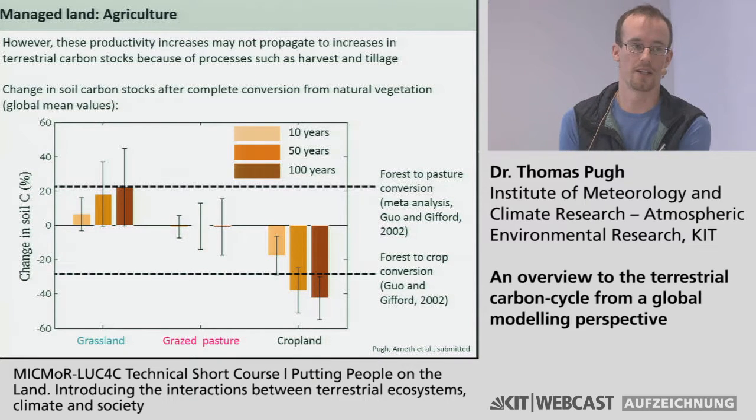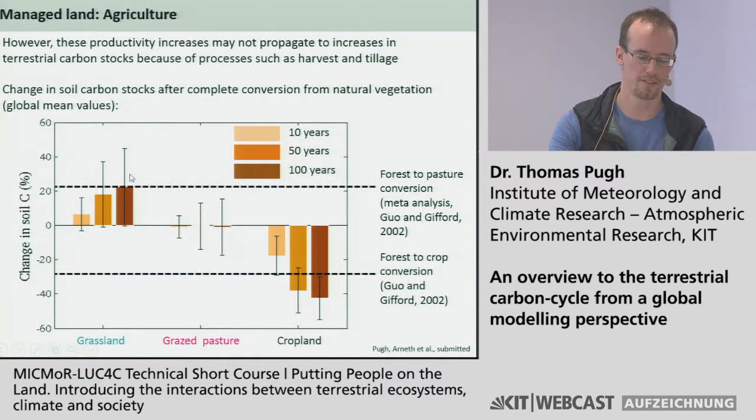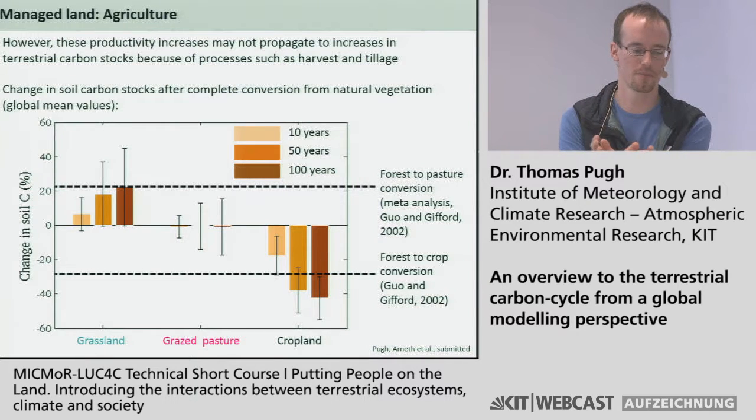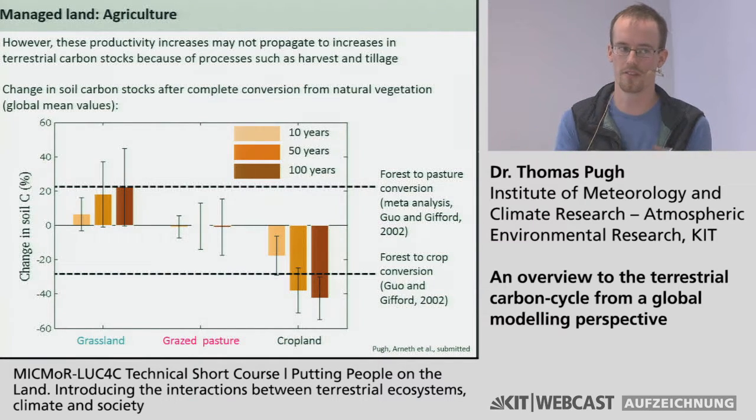And it's not just productivity that changes, though. Also, we see large changes in the soil carbon stocks. So this plot here, this is some output from LPJ-GUESS once again. What I've done here is run natural vegetation and then completely change it over into different land use types, and then looked at the change in soil carbon after 10 years, after 50 years, and after 100 years. And if we change natural vegetation into grassland, then as a global mean value, this is just a typical indication for the global average response, you actually get an increase in soil carbon.